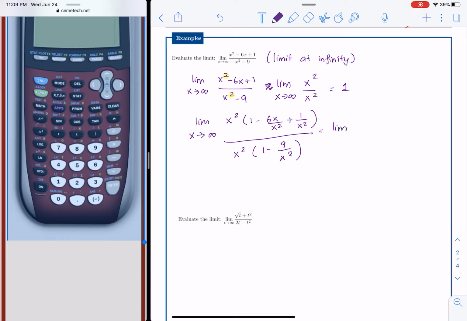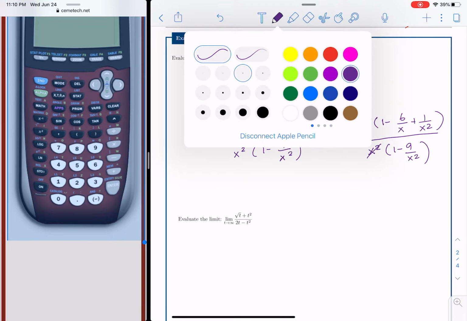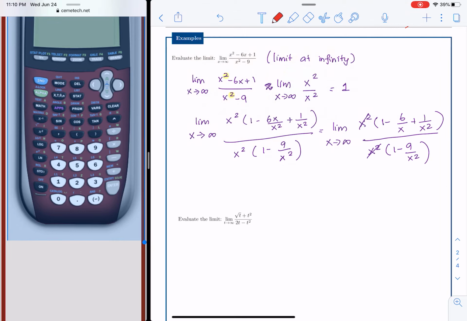So the limit as x approaches infinity of x squared times 1 minus 6 over x plus 1 over x squared, divided by x squared times 1 minus 9 over x squared. So those two x squared factors would go away, and x is approaching infinity. In other words, it is becoming an extremely large number. And I'm dividing 6 by a large number in 6 over x, so that is going to become 0.